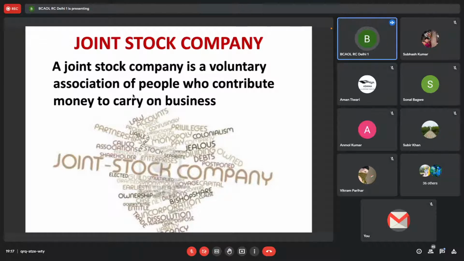Till now I have been saying that there is no separation between ownership and management. But when we talk about company, here you can easily bifurcate the two. And why I am repeating this? Because students get very confused. Why is it such a big deal that you need to separate the ownership and the management?